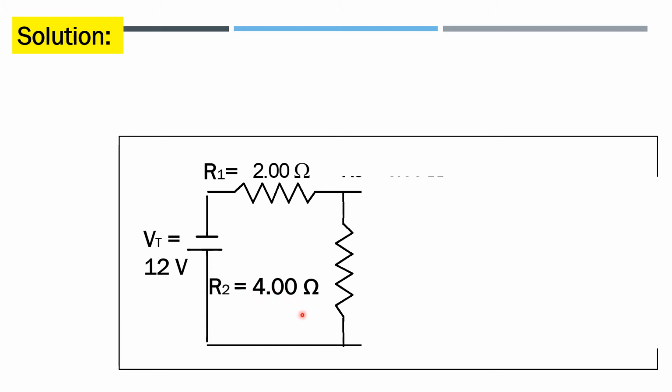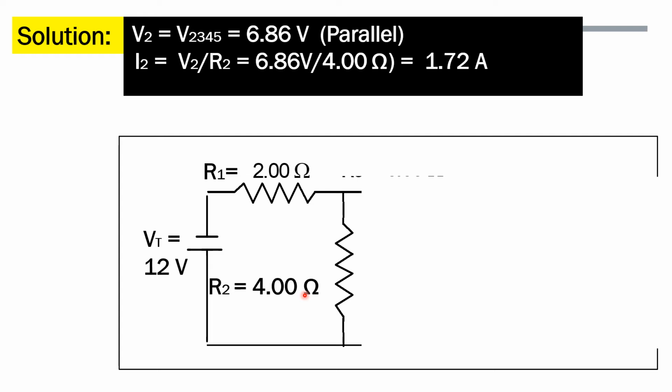And we can use the fact that in a parallel connection, the voltage Vt is equal to the individual voltages. That is what's shown here by this equation.